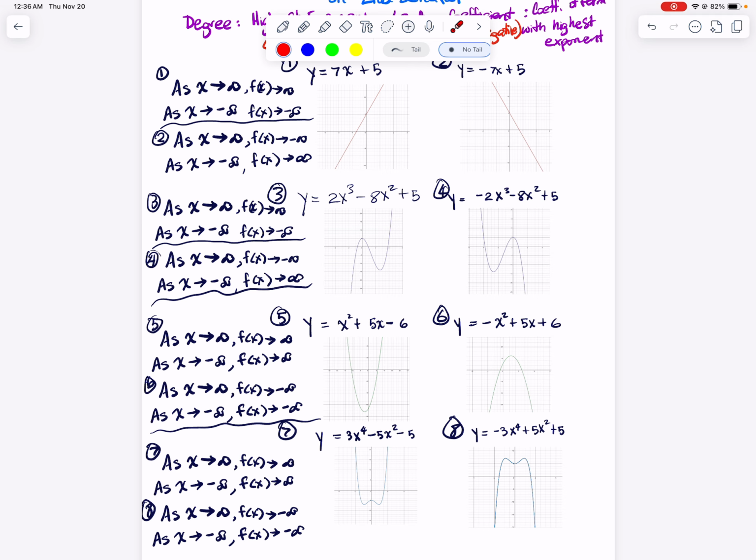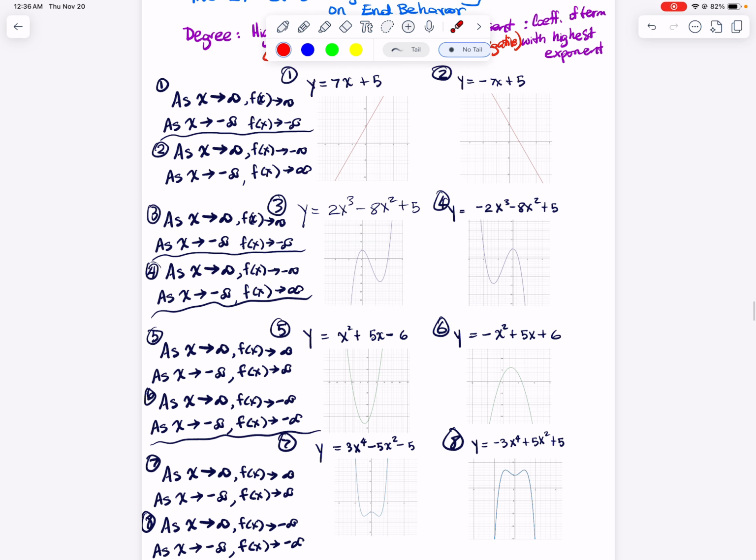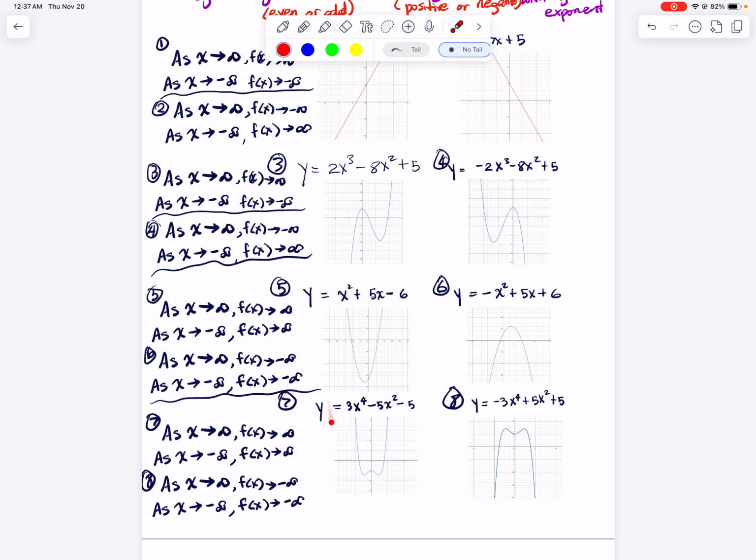And so this is important because this helps us to differentiate between an odd degree function, which is the first 4 questions, and an even degree function, where it starts and ends in the same direction, where f of x is at the top in both these cases.